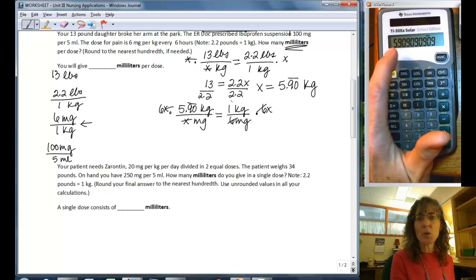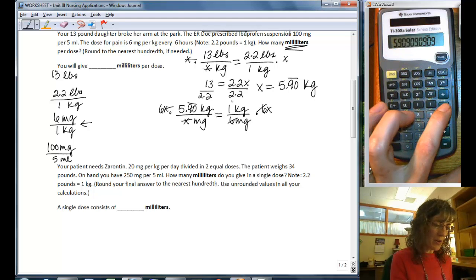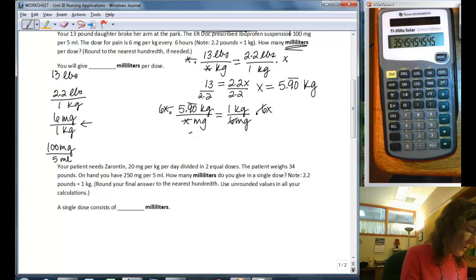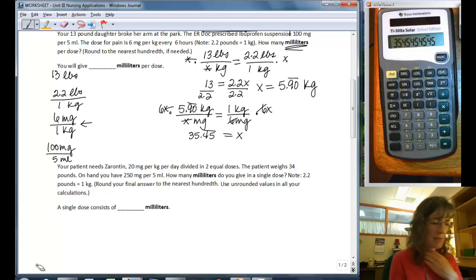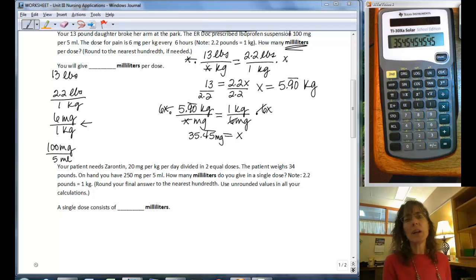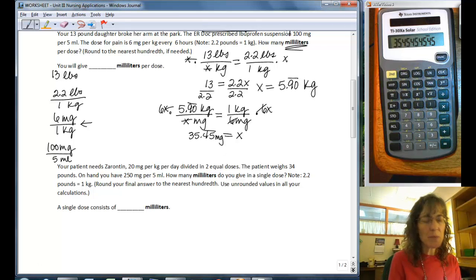I have 5.90 repeating, which I have on my calculator, times 6 equals. So I end up with 35.45 repeating equals x. And that is in milligrams. Okay, so my x is milligrams.